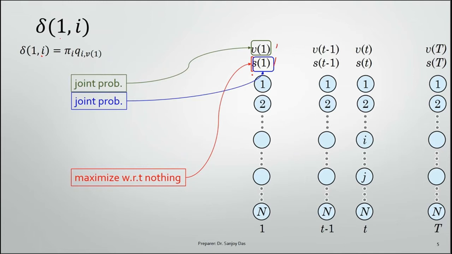And what's the probability of the state at time step 1 being S sub i? That's simply pi i, the initial state probability. And what's the output probability of V1 given the state is S sub i? That's the emission probability Qi, V1. Hence, delta 1 i equals pi i times Qi, V1.